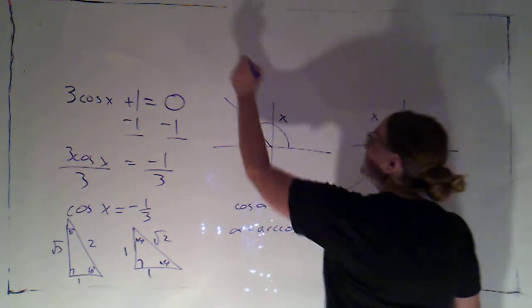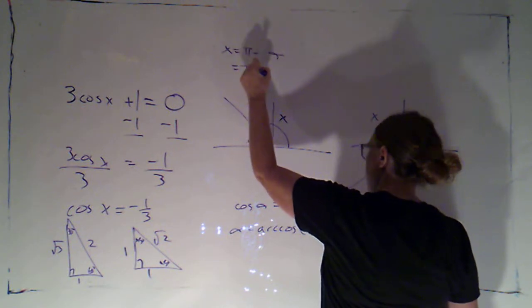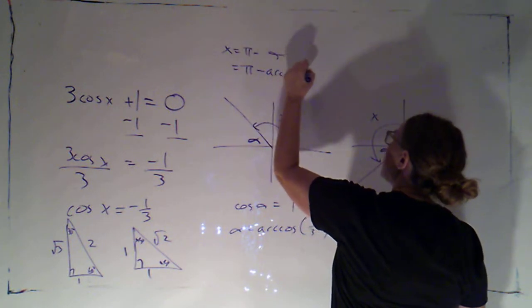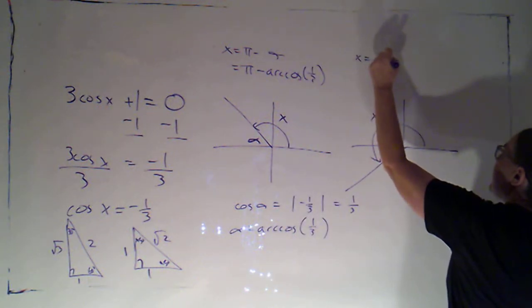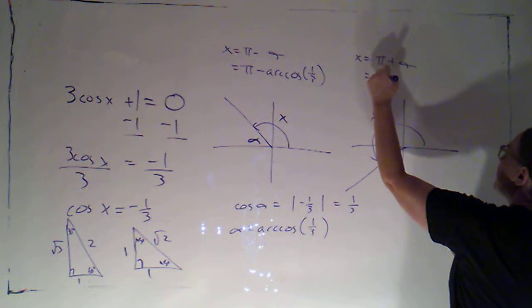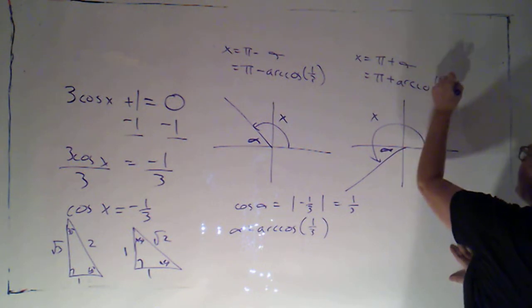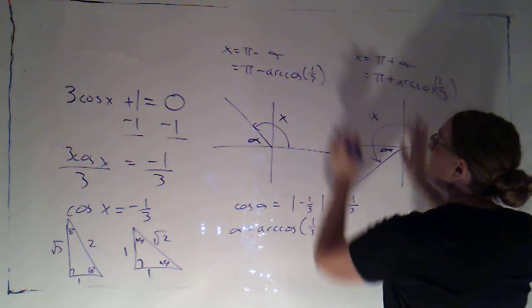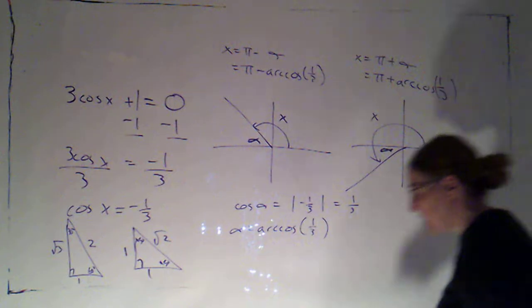So here, I would say x is pi minus alpha. So that's just pi minus arc cosine of 1/3. And here, x is pi plus alpha. So that's just pi plus arc cosine of 1/3. Those are my two solutions between 0 and 2 pi.